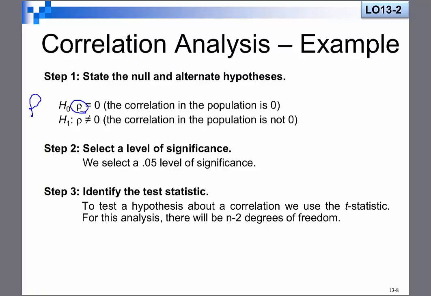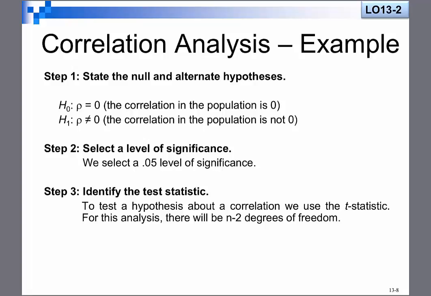So we can say that the rho is similar to the R, which is the correlation coefficient. So we can get away with saying that. It's just that we're replacing the R with a Greek letter. Now, the null hypothesis is that rho or R is equal to 0.